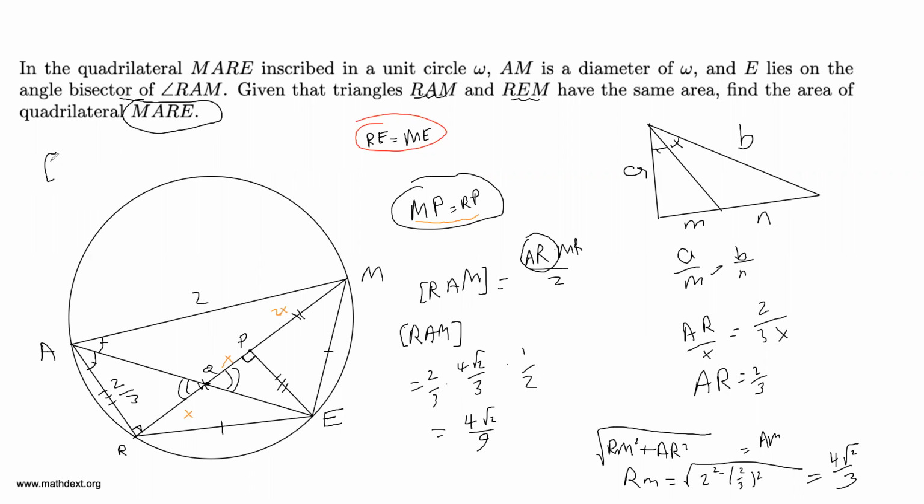MARE is the sum of triangle RAM plus triangle REM, the two triangles that make up this quadrilateral. Since the area of triangle REM is the area of triangle RAM, this is 2 times the area of triangle RAM, which is 2 times 4 root 2 over 9, giving a final answer of 8 root 2 over 9.